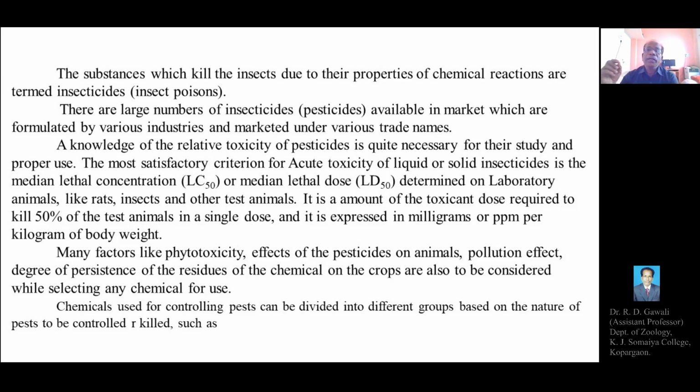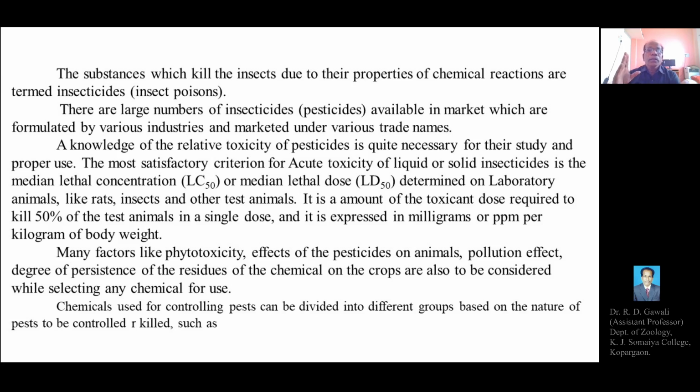that is LD50. LC50 is usually the term used for the lethal concentration to cause 50% mortality in the case of aquatic organisms, and median lethal dose is the dose to cause 50% mortality in the case of terrestrial animals.